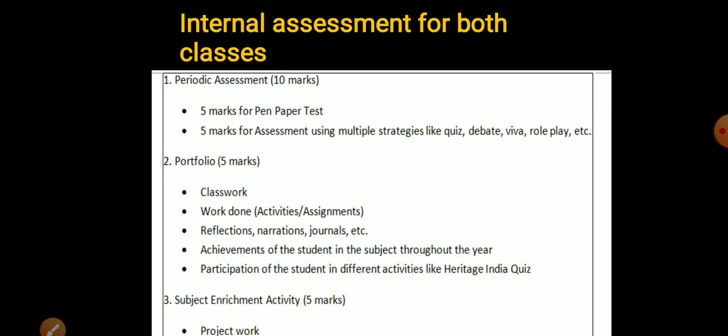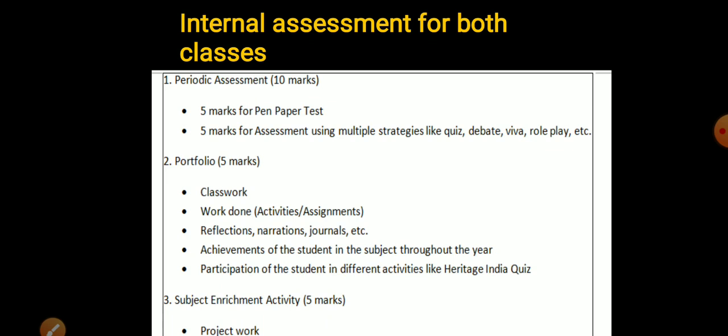For all these activities and assignments you have to make one file and keep the records in it, which is called a portfolio file. So I hope my dear students, the idea of portfolio file is clear.